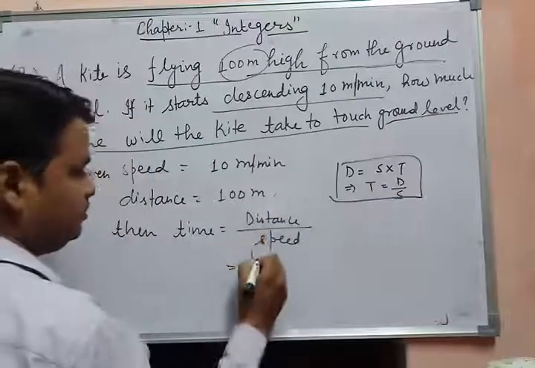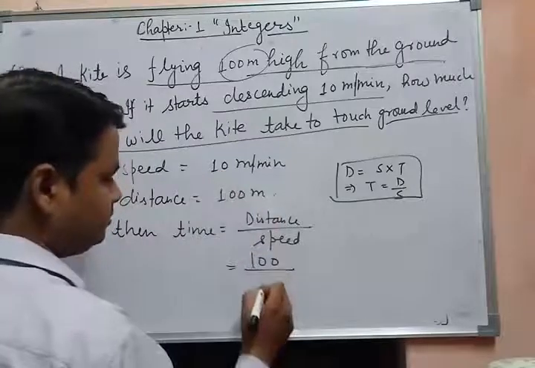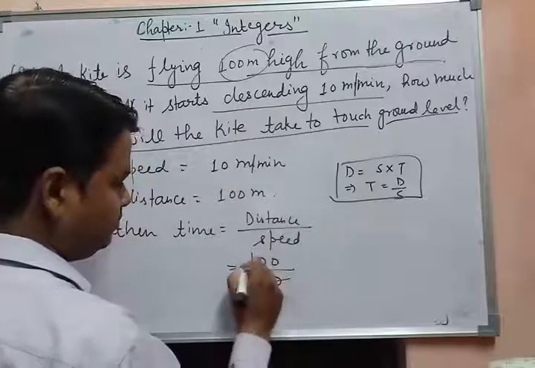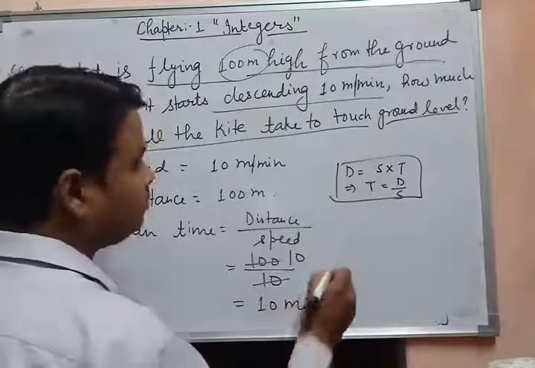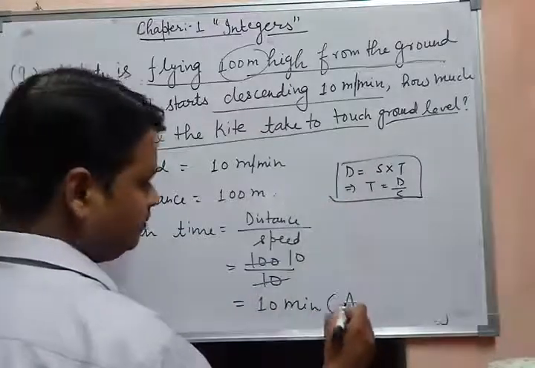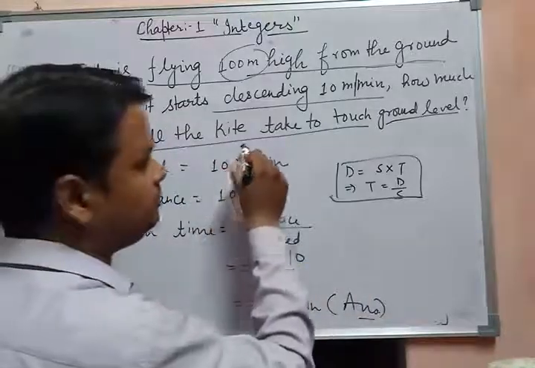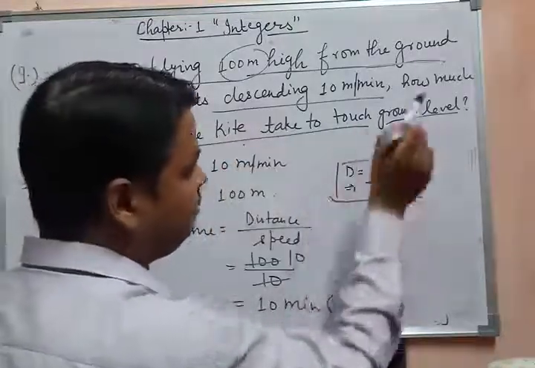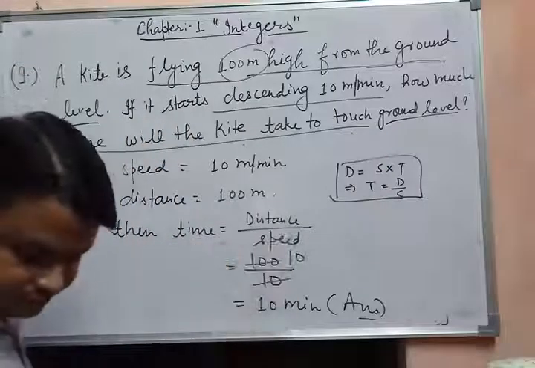Here distance is equal to 100 meter and speed is 10 meter per minute. 10 tens are 100. Then this is the answer: after 10 minutes the kite touches the ground level. Okay, so this is the solution of this question.